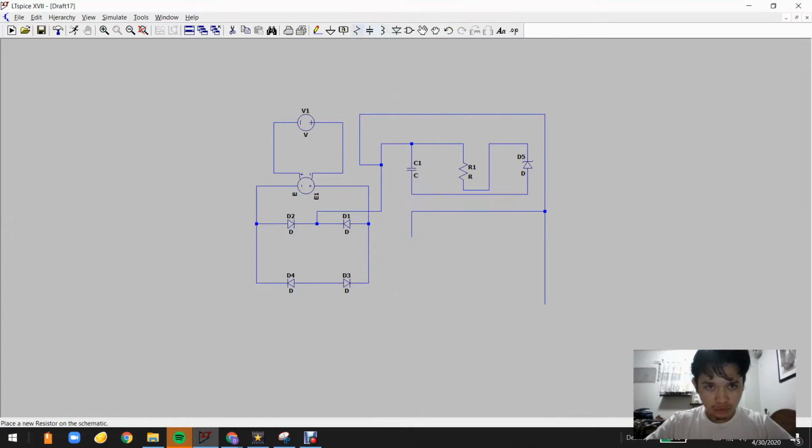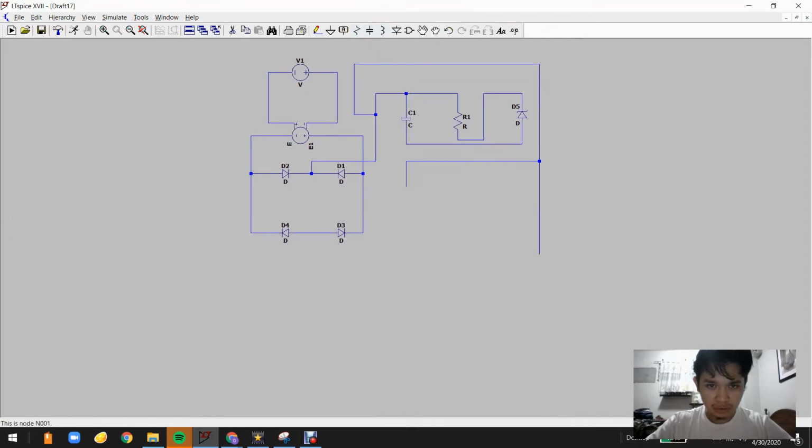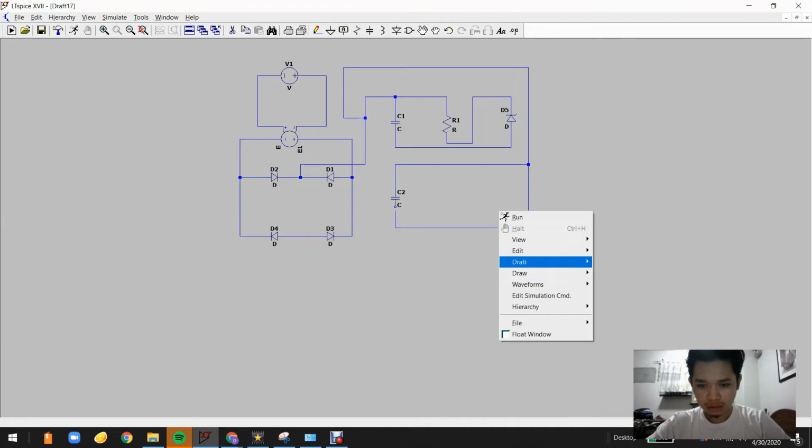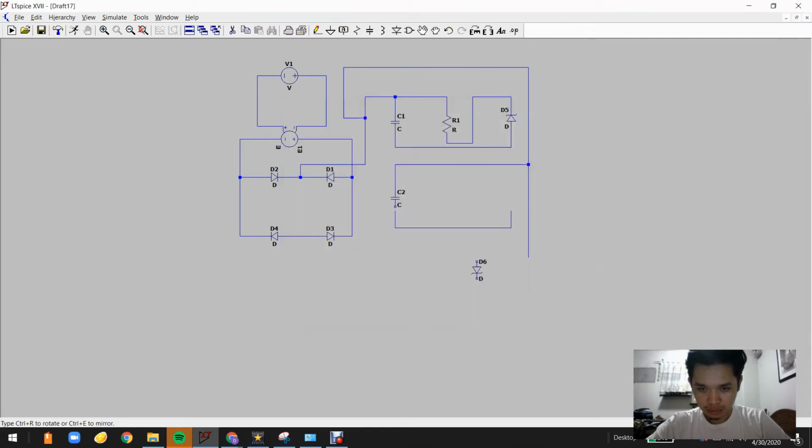So this is for our second one. Basically, it's gonna be like the first one we did. So that's where we'll put our Zener diode. Here.